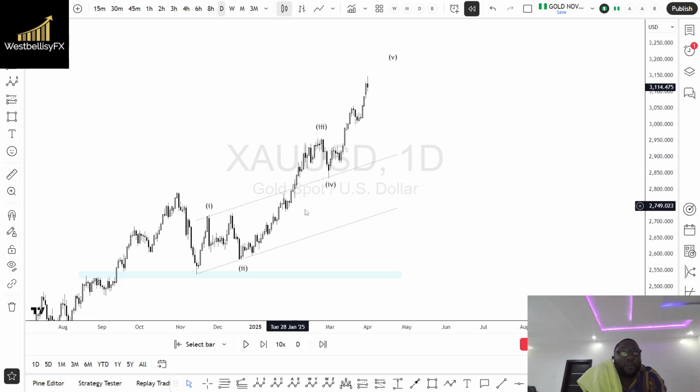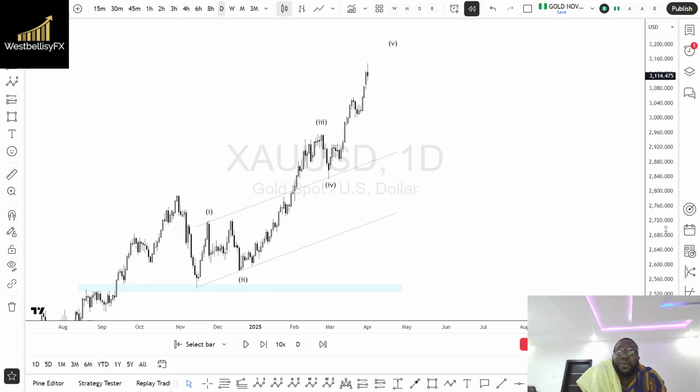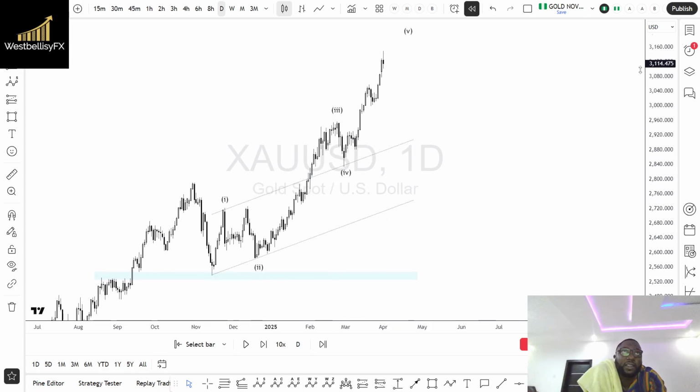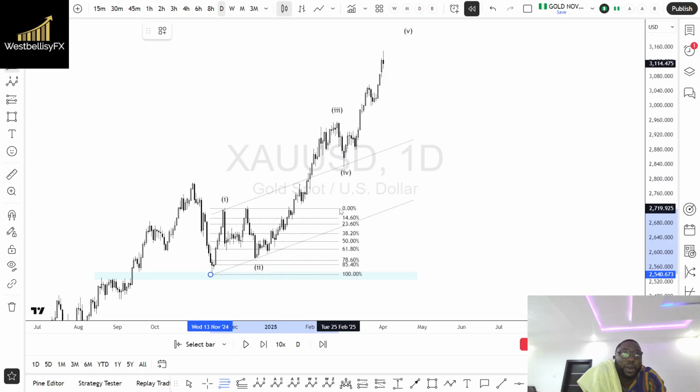If you notice, when price came to test the upper trend line, it rejected massively upward. So if you apply the Fib retracement level, there is a possibility that this can be the 23.4% ratio. So let's apply it and know the endpoint of all these waves. To know the end point of wave two, click from the starting point of wave one to the end point of wave one.